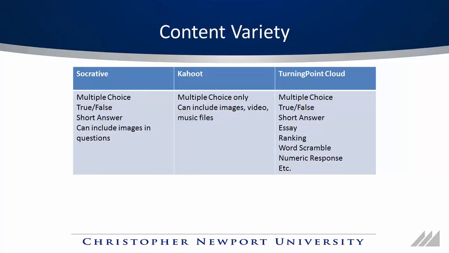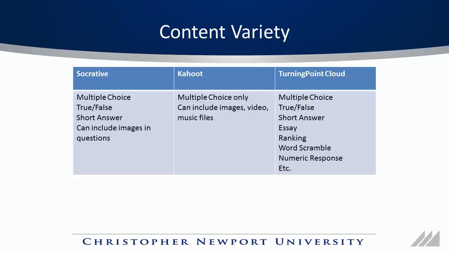Now, Kahoot is the most limited as far as content variety, as the platform only accepts multiple choice questions. The platform is automatically built to record speed of response as well, and display that in the form of points. At this point, the points scale is not fully known outside of Kahoot staff, and I wouldn't recommend it as a grading metric.